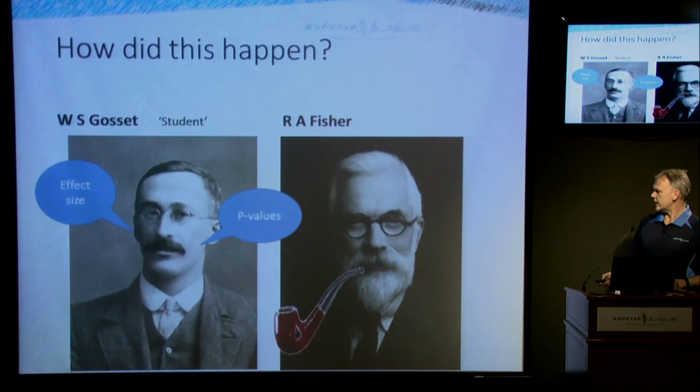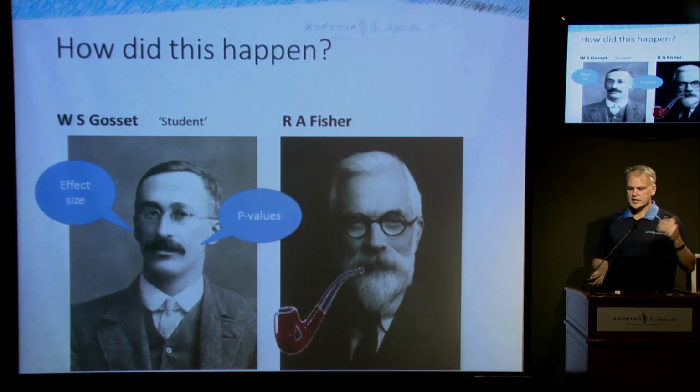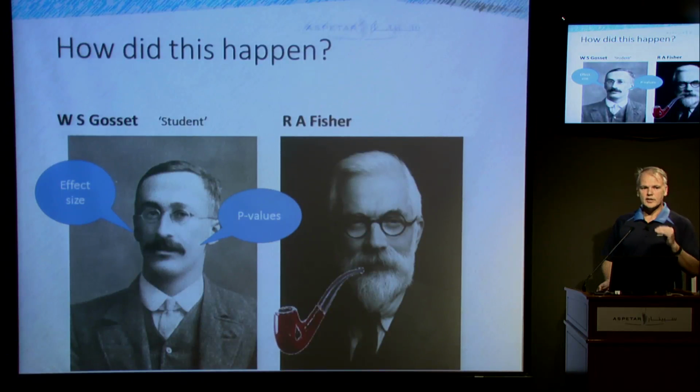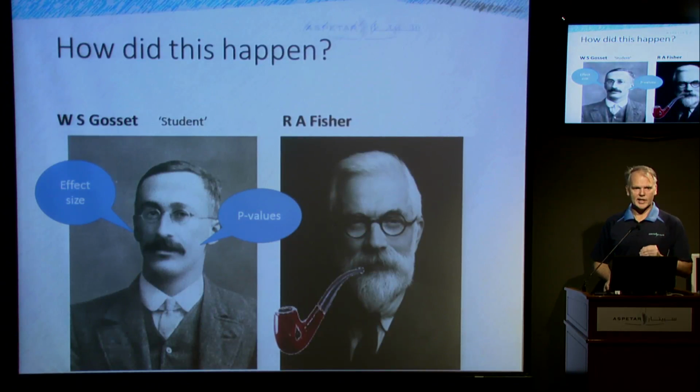Fisher was a pretty interesting character and he should be one of the heroes in our story. Among other things, being an inveterate racist, he also happens to be an inveterate pipe smoker who, despite the growing evidence that tobacco is causing cancer, was actually funded by the tobacco lobby, and wrote paper after paper saying that it had nothing to do with each other.